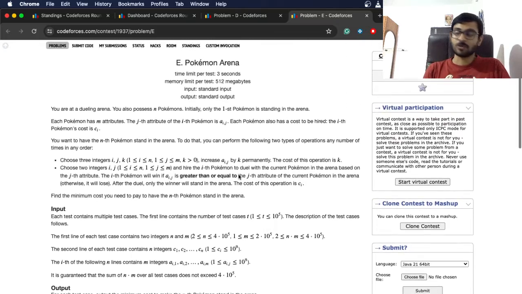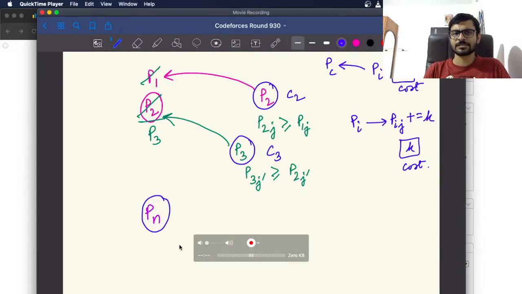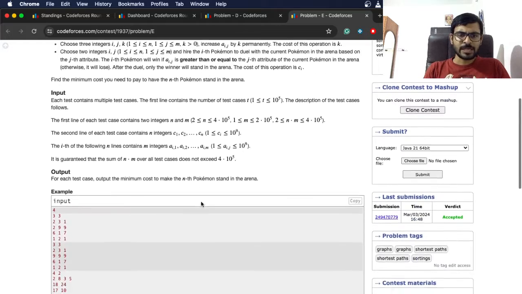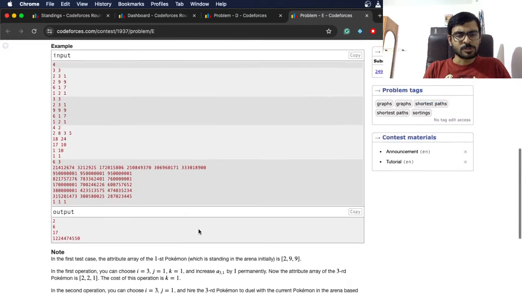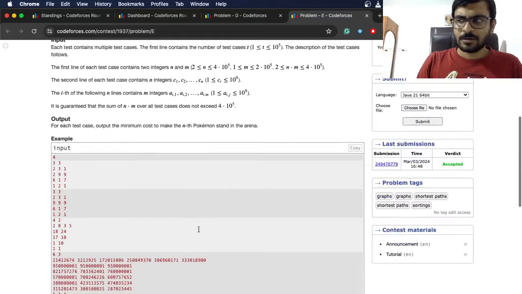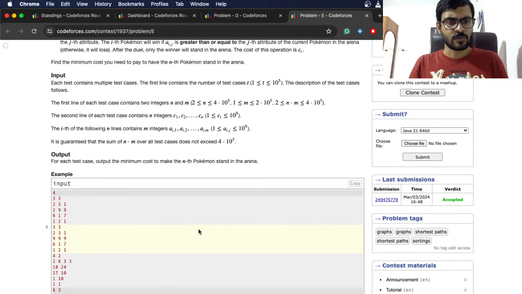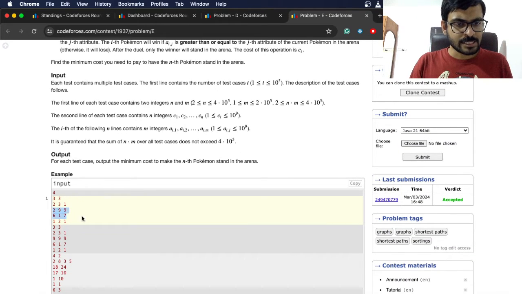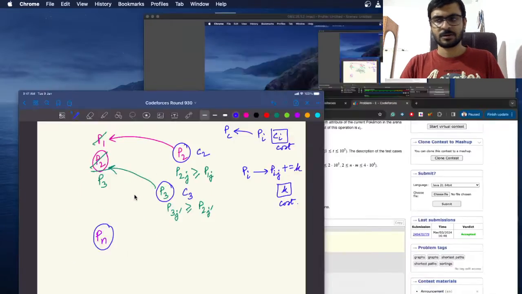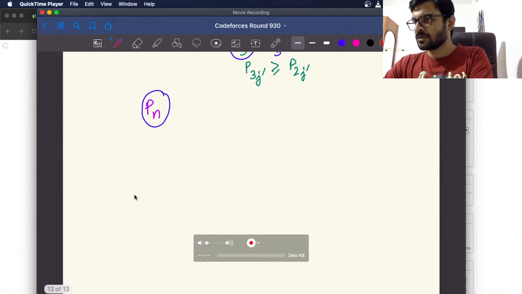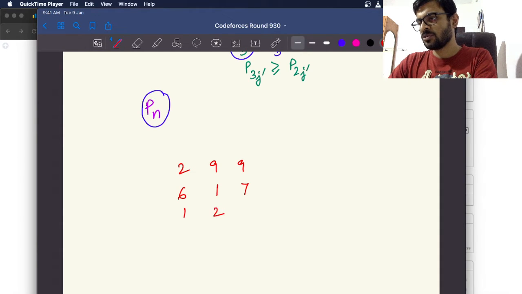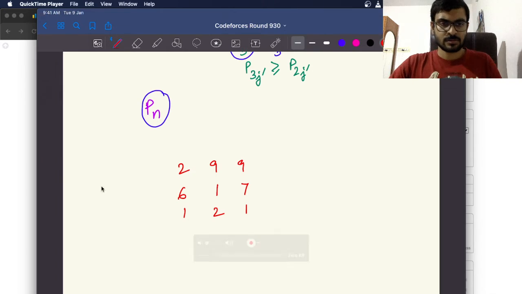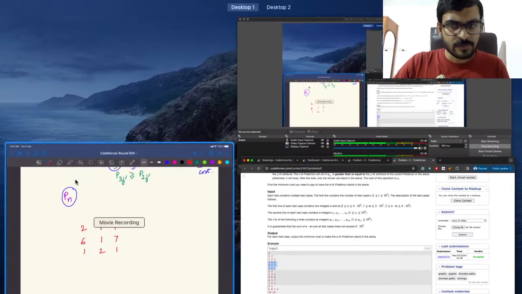Now, how to solve this problem? It became a lot more complex due to so many conditions together. We can go through one example. Maybe you can read the notes for this. But yes, if I take one example, let's say 299, 617, 121.